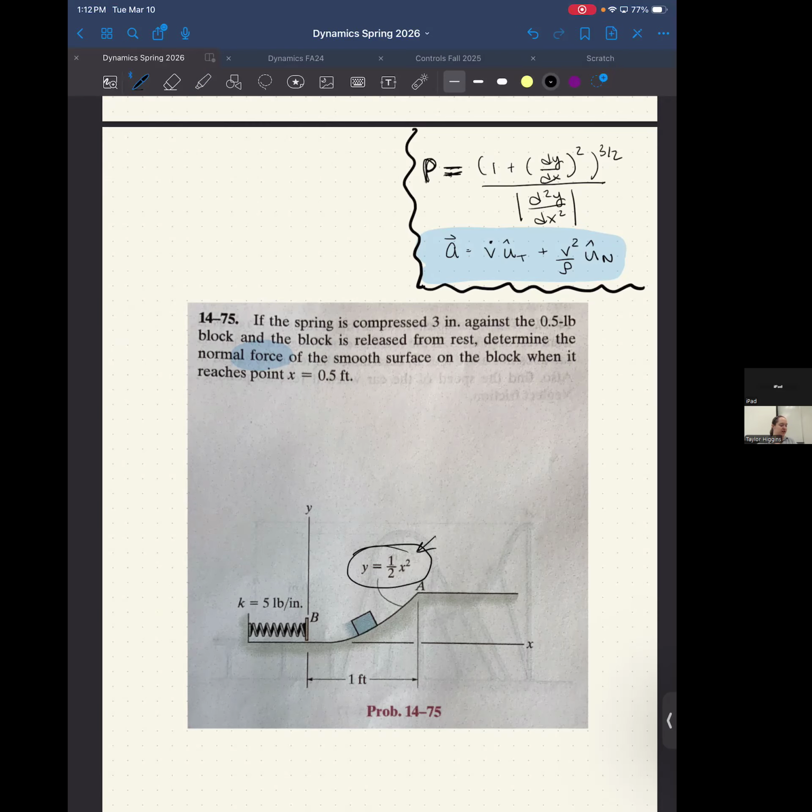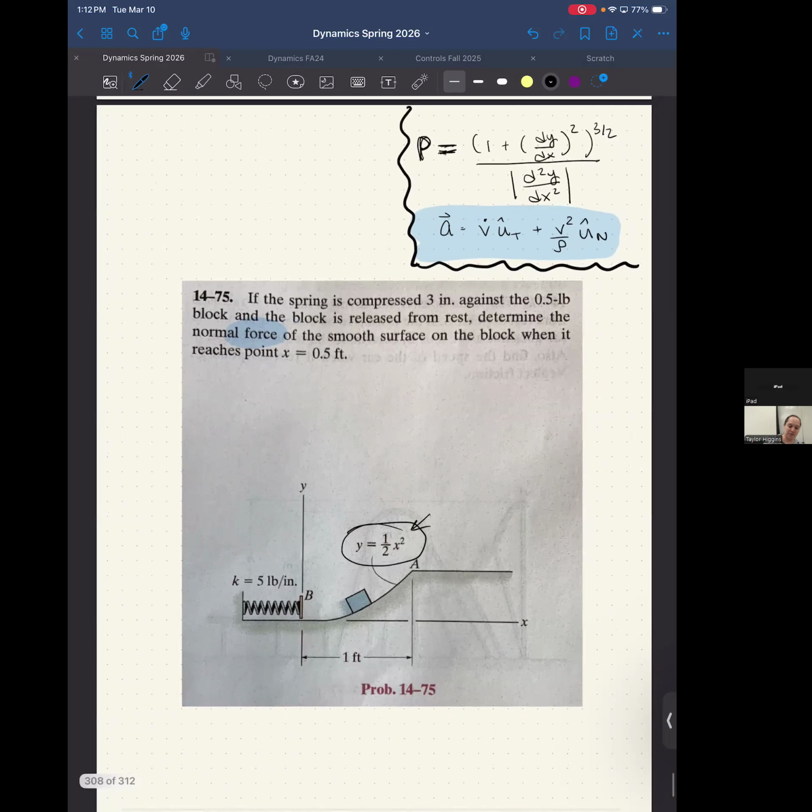Okay, so here's what the game plan should be. You should go through the song and dance of convincing yourself that the conservation of energy equation holds.